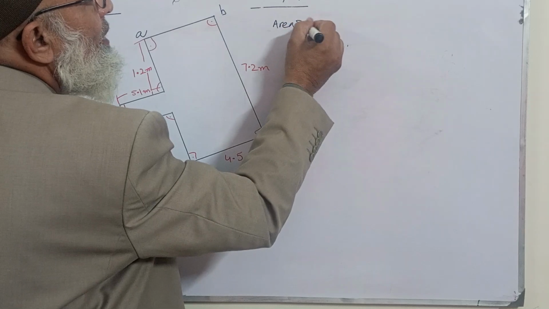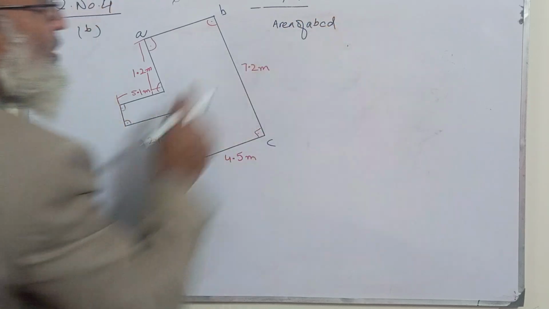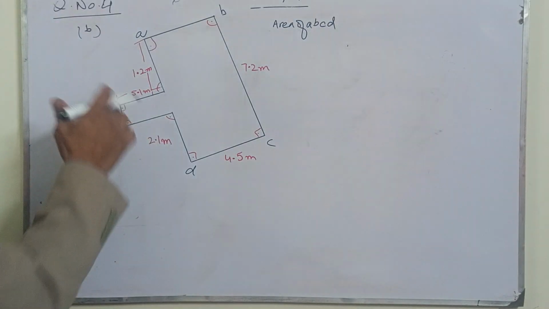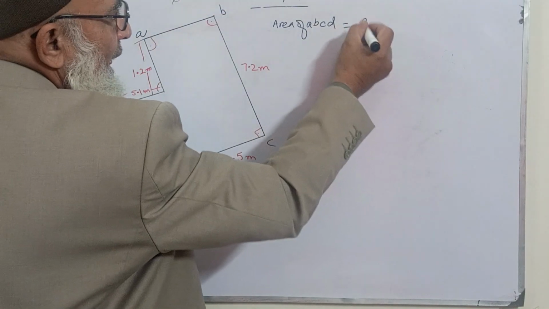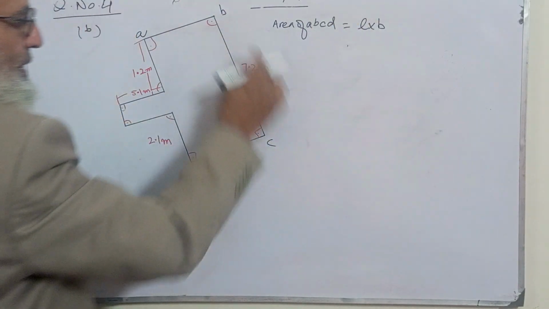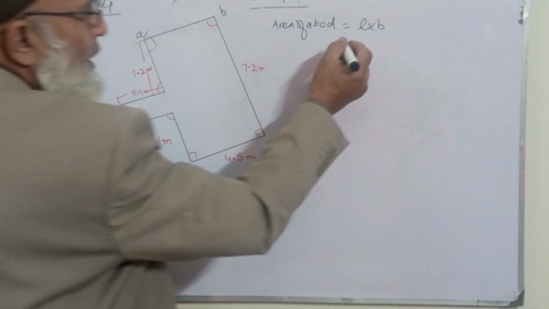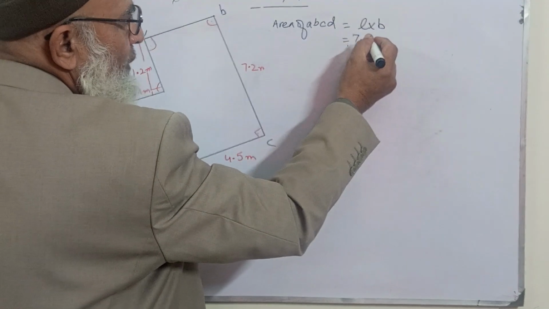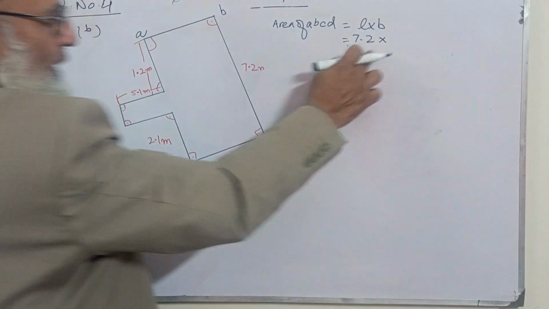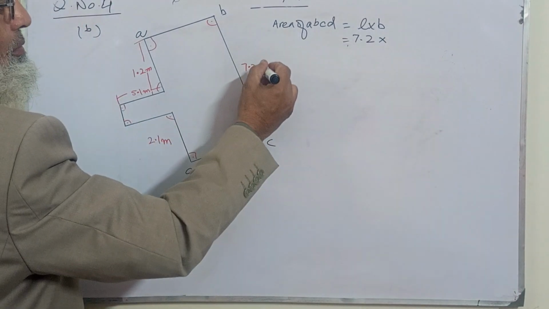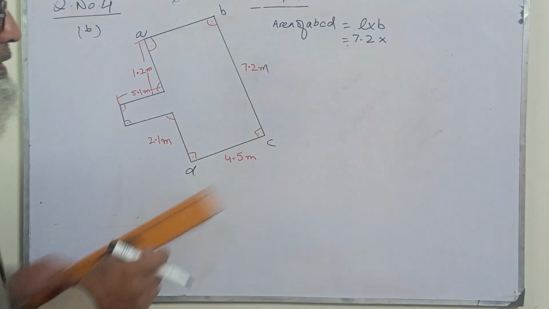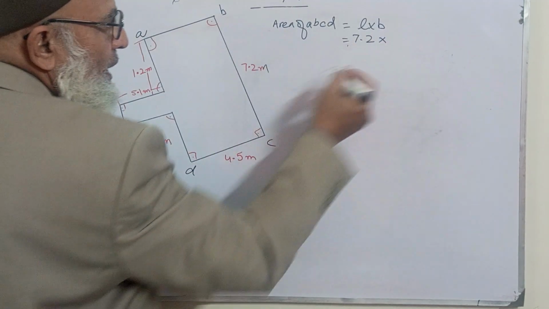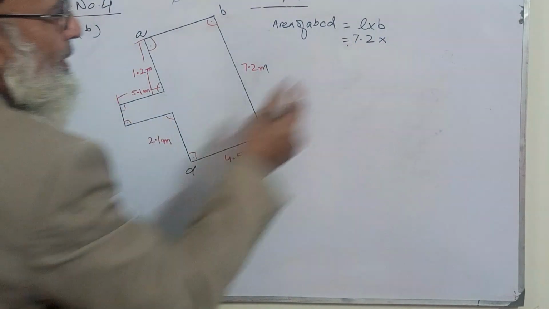Now the area of ABCD. Area of ABCD, which is a rectangle, is equal to L multiplied by B. Now this is the L, this is B. So it will become 7.2 multiplied by 4.5. You can also write the units, but I'll write it in the end.